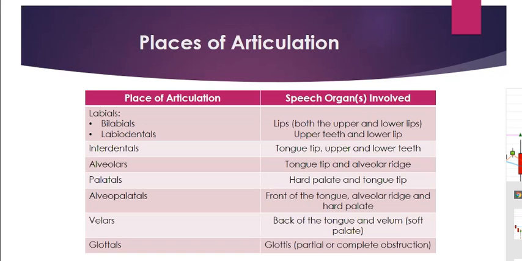Velar sounds, the back of the tongue and the velum are involved. And then the glottal sounds, the glottis is involved. There are two glottal sounds in English. There is one which is the h as in house, similar to the Spanish jota. And there is another one which not everybody makes in English.